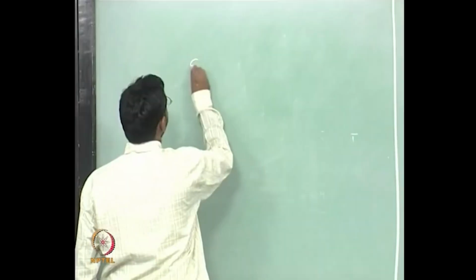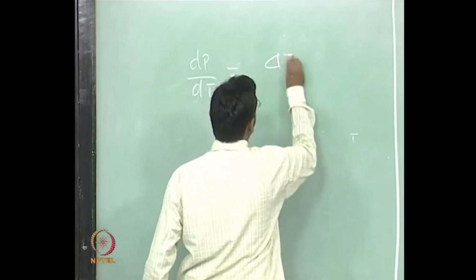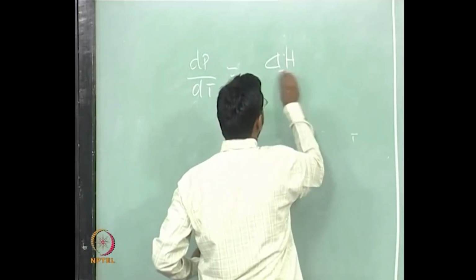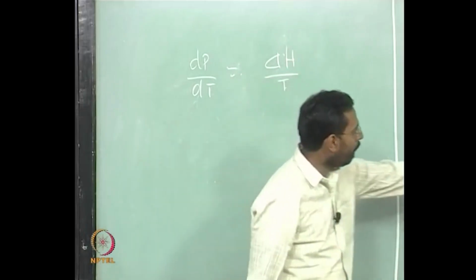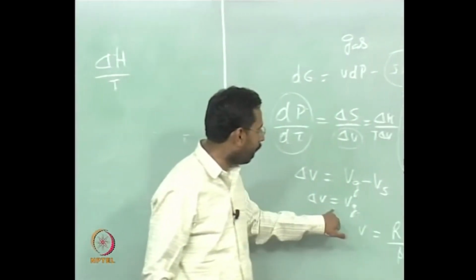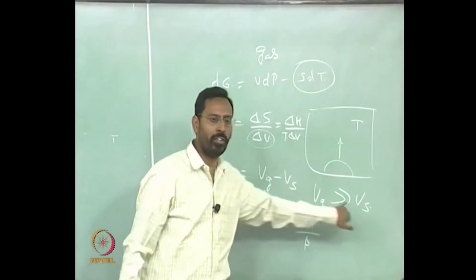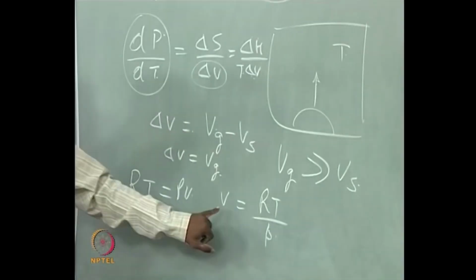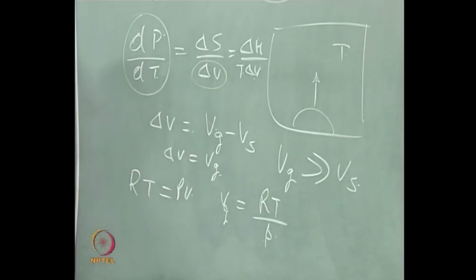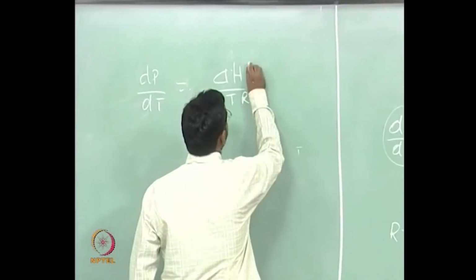So, we can write dP by dT as equivalent to delta H by T, delta H by T, this remains the same. In place of delta V we are writing V, because we are approximating delta V to V of the gas, since V of the solid is much smaller than the V of the gas, and in place of V of the gas we can write RT by P. So basically this becomes RT, P goes here.